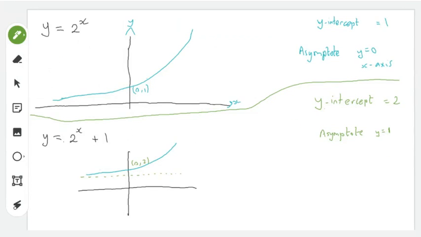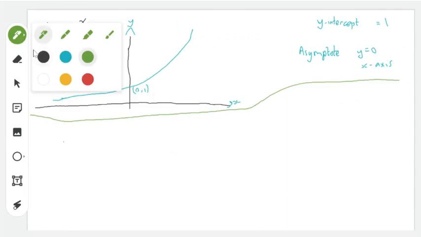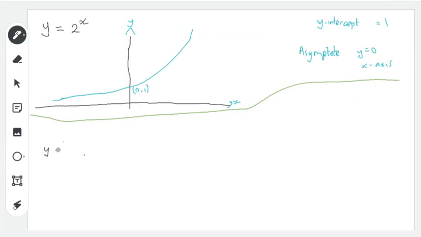On slide 2, let's see what happens if we go for y equals 2 to the power of x minus 3. A bit of a jump, but it's fine.